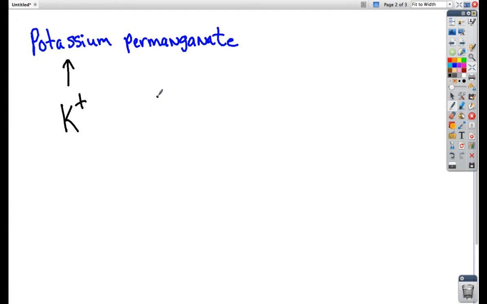Permanganate, I know, is MnO4 minus. Now, remember, this is a polyatomic anion. It has multiple elements. It's got Mn, which is manganese, and it's got 4 oxygens. So 2 elements in here, so it is a polyatomic ion.